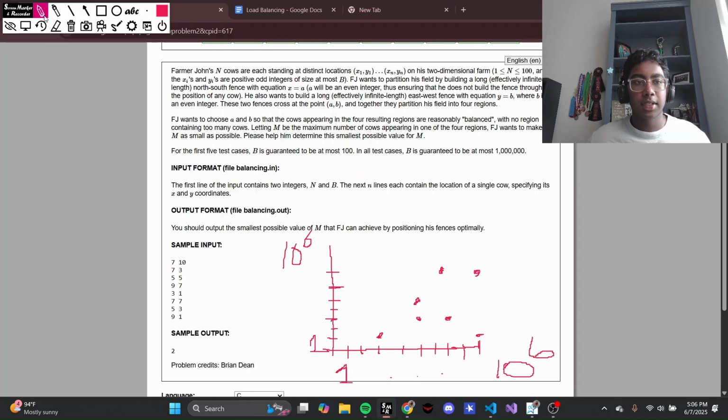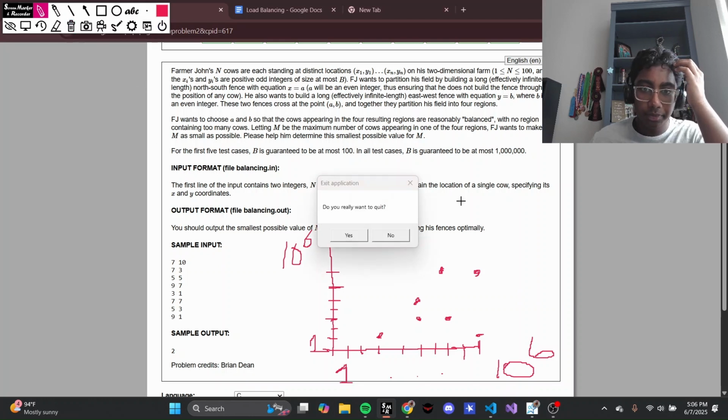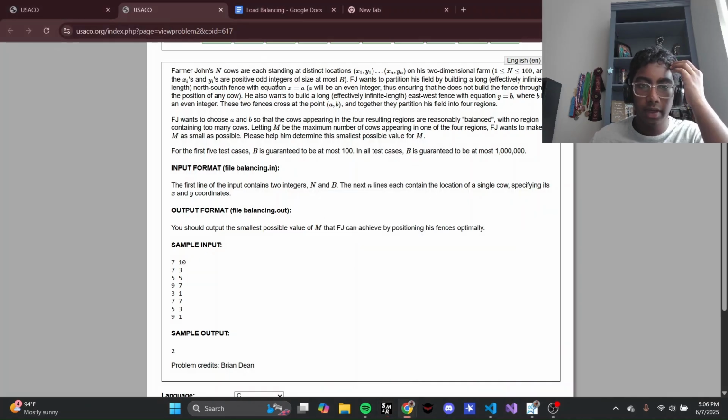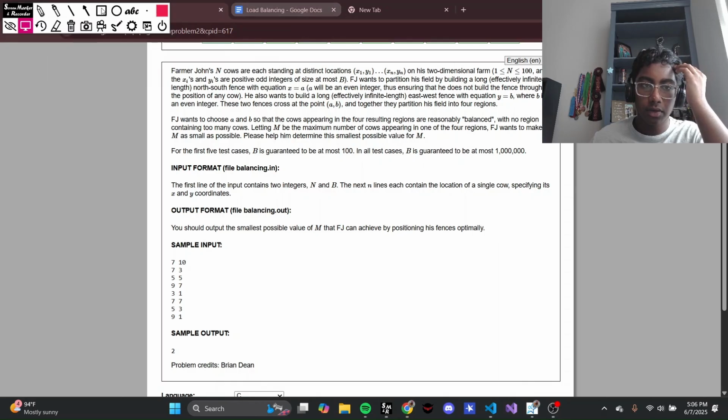Okay, so essentially how you think of it is this. You have to think about where the possible fence locations are when you have the other cows present as well. So what fence locations would actually affect things?